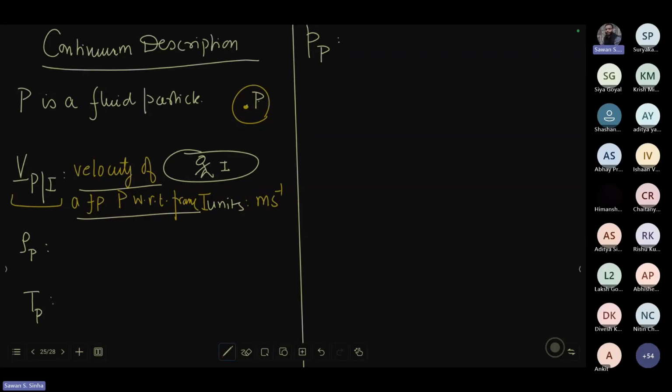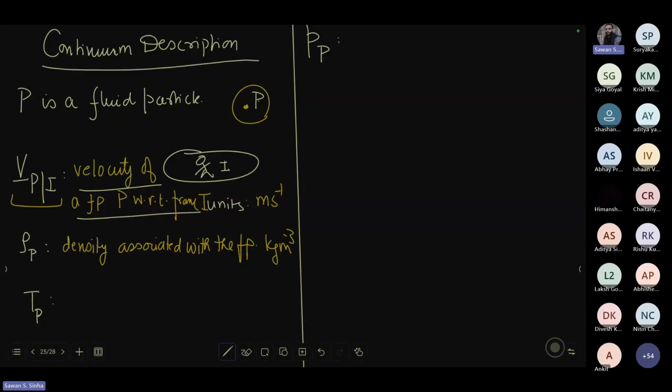We will associate a density with this fluid particle, rho P, density of the fluid particle, density associated with the fluid particle. kg per meter cube.